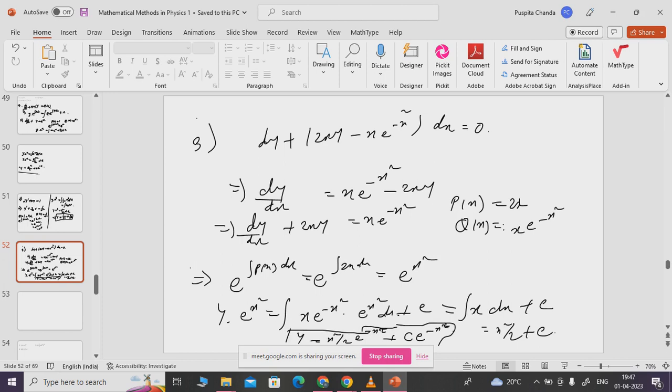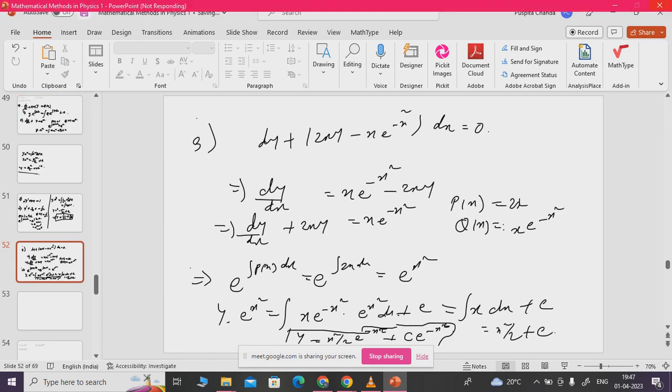So y is equal to x square by 2 e to the power minus x square plus c e to the power minus x square. This is the solution.